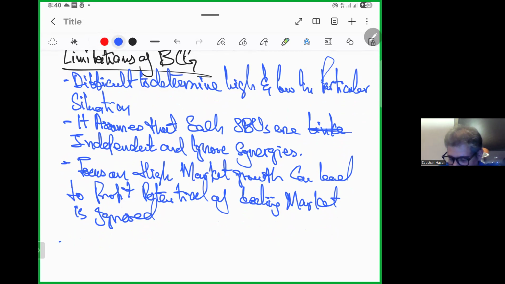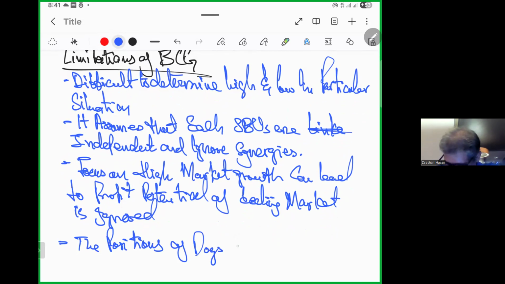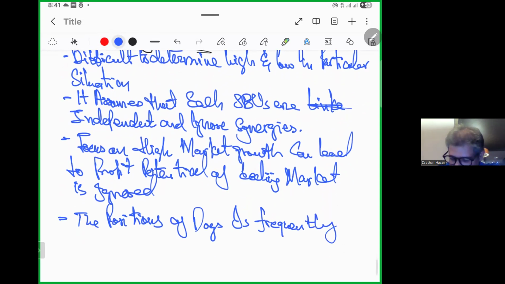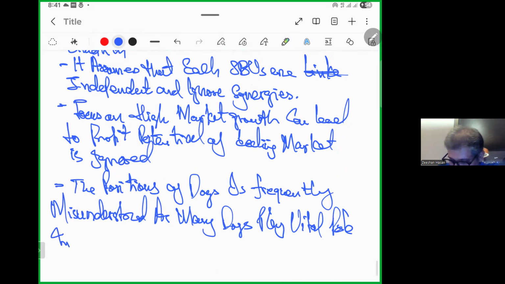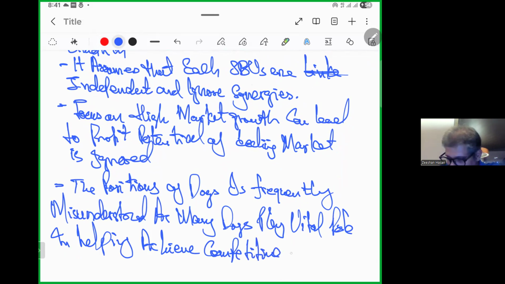The position of dogs is frequently misunderstood, as many dogs play a vital role in helping achieve competitive advantage.